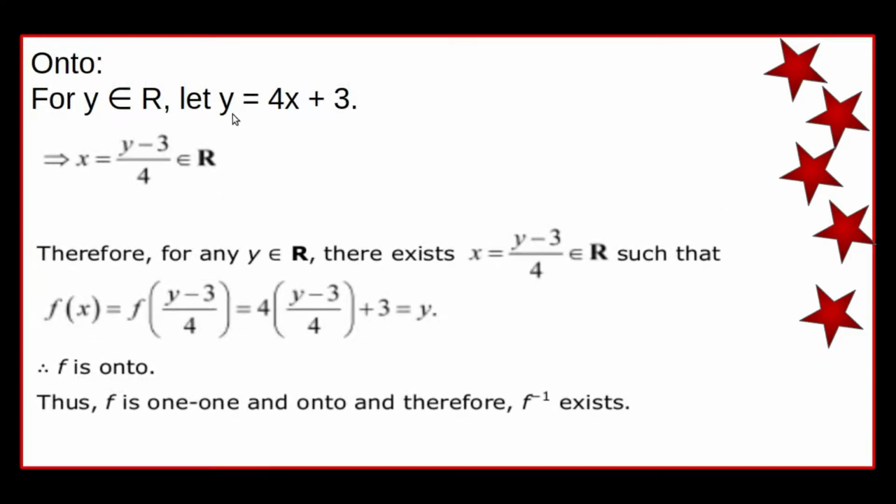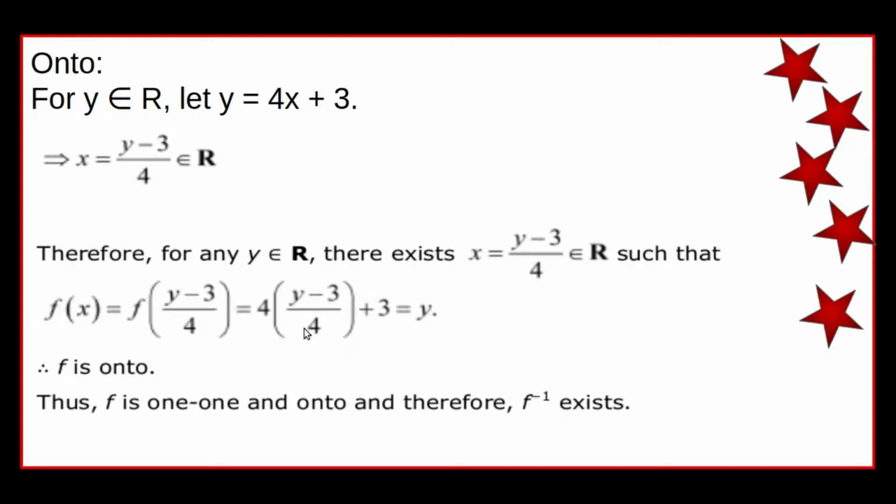For any y belongs to codomain, we have x equal to (y minus 3) by 4, that belongs to domain R. And we have this condition, f of x is equal to f of (y minus 3) by 4. Now f of x is 4x plus 3. So 4 into (y minus 3) by 4 plus 3.